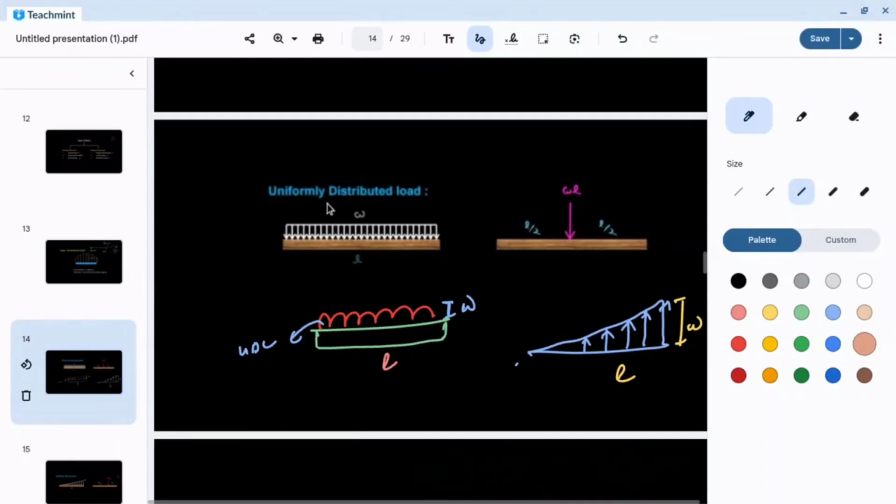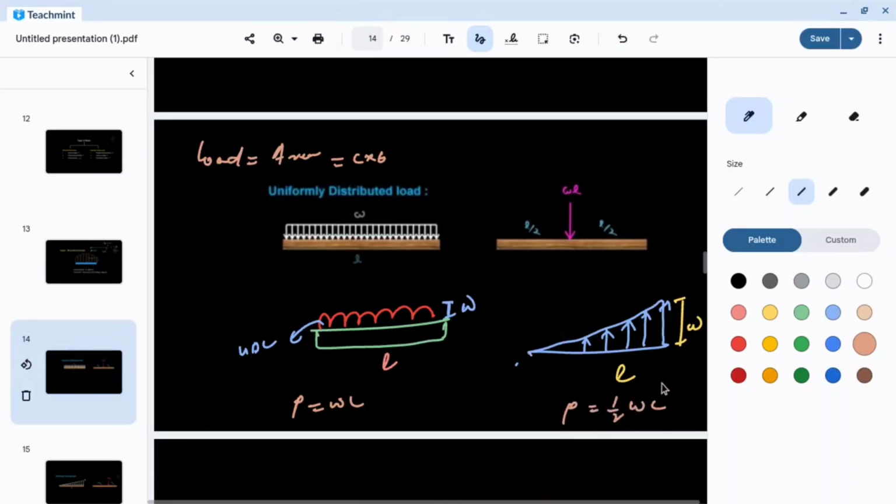In case of UDL or UVL, the area will give you the load. For a rectangle, area is length into breadth, so P is equal to W into L. For UVL, your load is half into W into L, half into base into altitude.